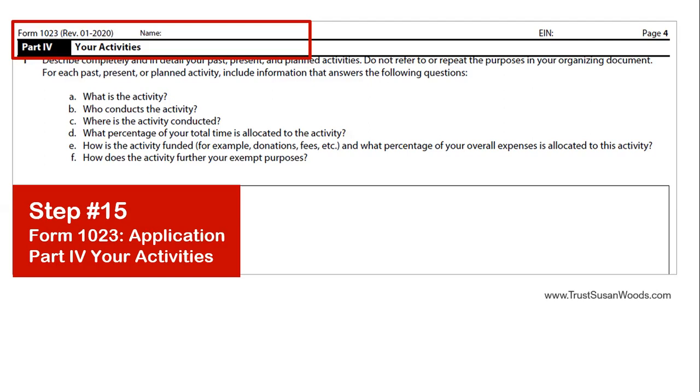This part used to be called the narrative description of activities, but that name changed in January of 2020 when the IRS transitioned to an electronic platform to submit your Form 1023 application for recognition of exemption, away from the traditional mail-in requirements to submit your application.